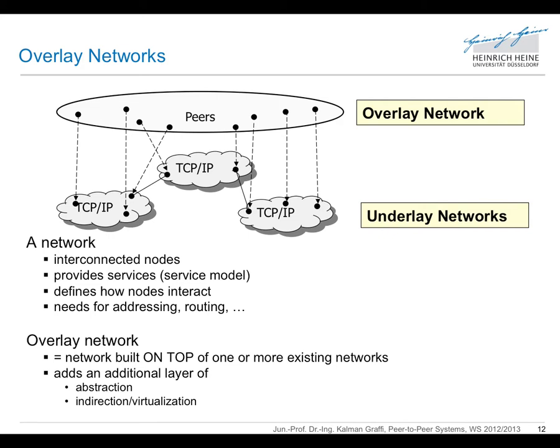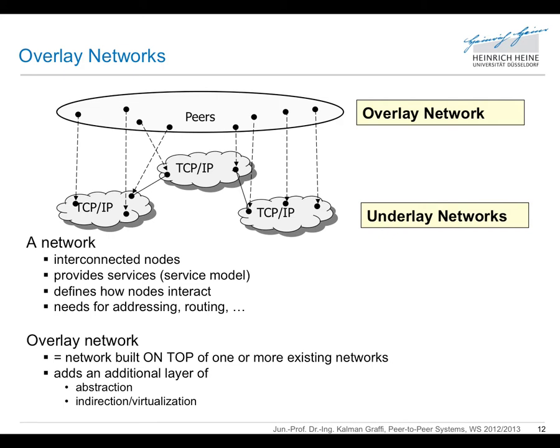So the overlay provides a new service. It defines how the nodes interact, so protocols you need for it, addressing, routing. So it's basically a new layer in the network stack with its own IDs, with its own routing protocols, with its own elements. So an overlay network is a network built on top of one or more existing networks.